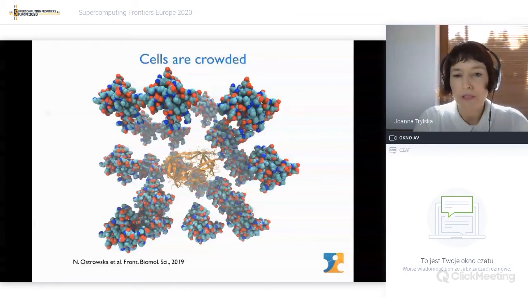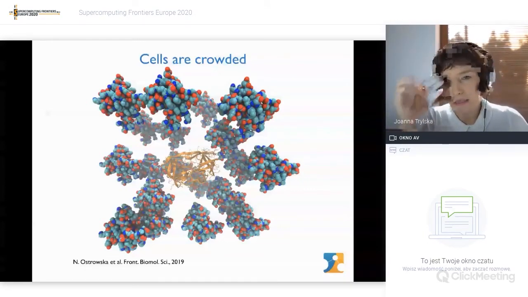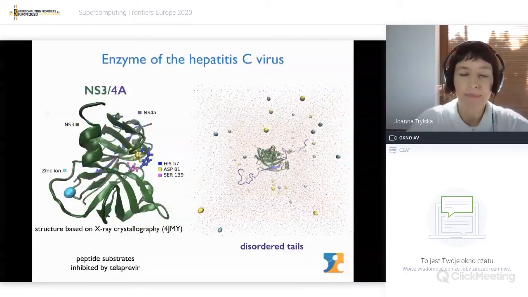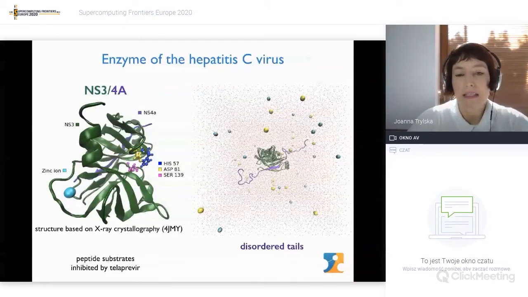I will show it for a different enzyme, not HIV protease, but the protease of another virus, which is hepatitis C virus. It's also a small protease that also cleaves peptide substrates, and it's essential for HCV multiplication, and this enzyme is also a target for anti-HCV drugs, and one of these drugs is telaprevir.